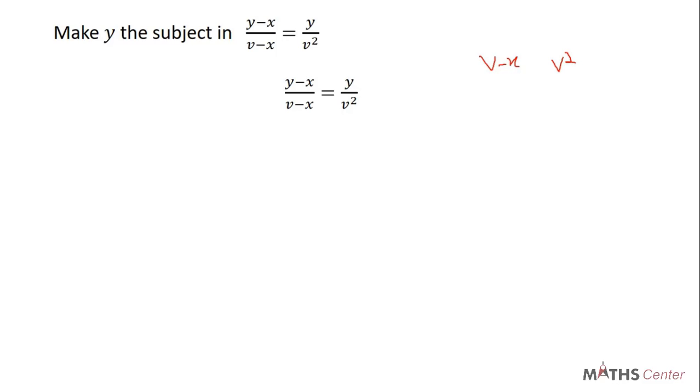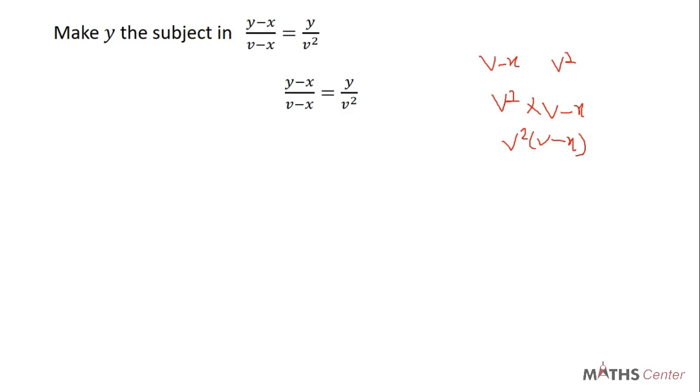Now, as we saw in the previous video, whenever one of the denominators or both of them are binomials, in order to get the LCM, multiply the denominators and use it as the LCM. So here the LCM we are going to use is the product of the denominators, which is v squared times v minus x. I'm going to write it as v squared into bracket v minus x.